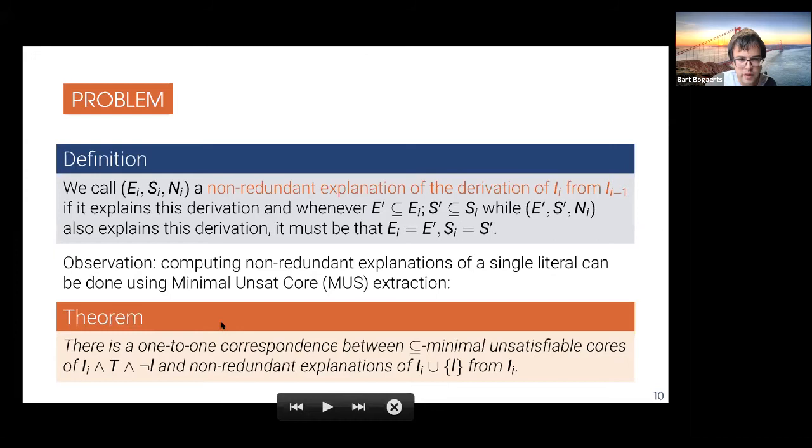So if we want to explain how a certain literal follows from an assignment plus a theory, we can also ask for an unsatisfiable core of this assignment, union this theory, union the negation of the literal we want to derive. These correspond nicely one-to-one, which allows us to reuse existing unsatisfiable core algorithms.